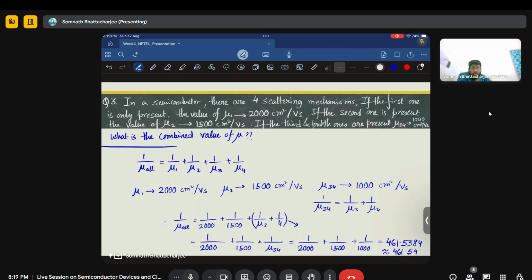Sir, how can you write 1 by mu all equal to 1 by mu1 plus 1 by mu2? So how can we get this, right? To explain this, I have to plot this.